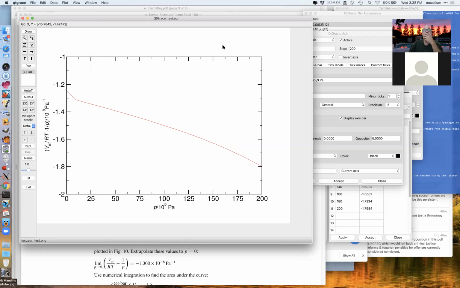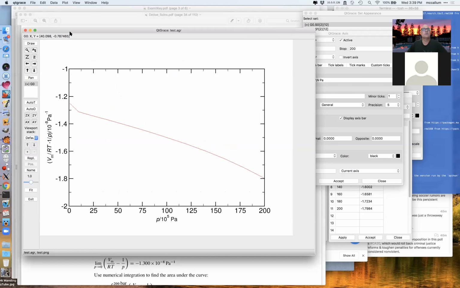This Qt Grace crashes sometimes, and I can go days without it crashing, and then it'll crash every time I use it. Sometimes I think that has more to do with my system than the program, but you should save the file after every little thing, because writing out the fonts and everything is a pain, so you don't want to have to do that over again.